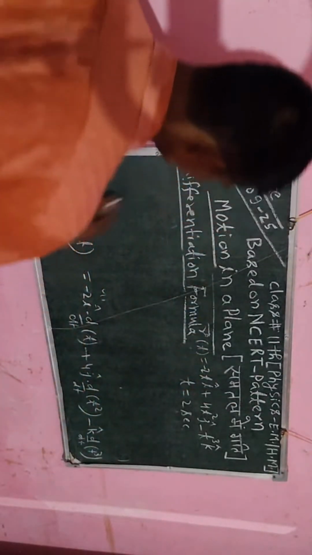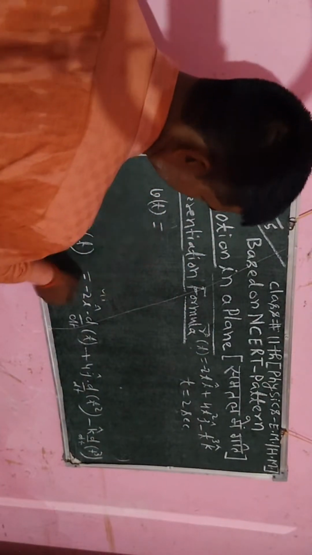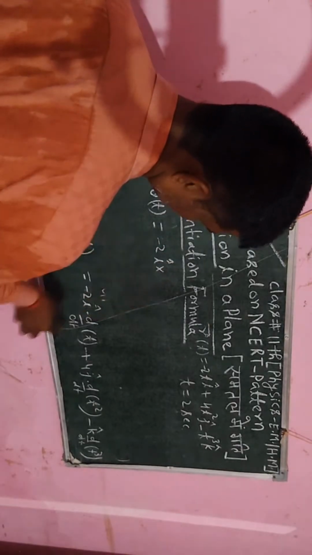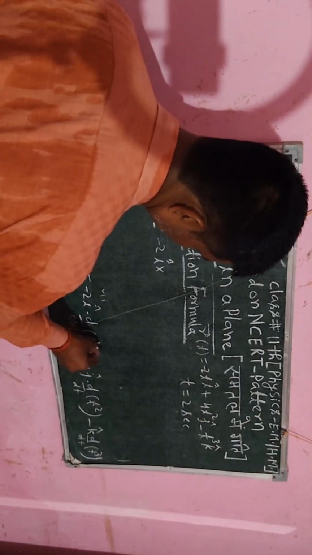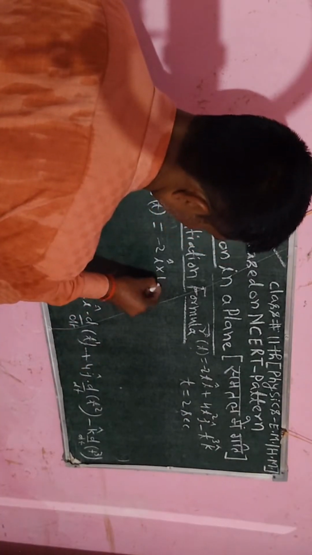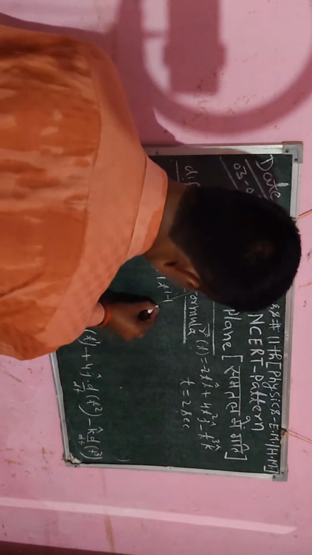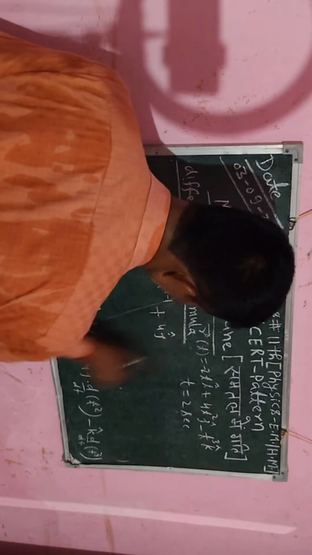Okay, so here on the left hand side I write d of t, and then here minus 2 to get the i cap. Multiplication of this value I will take. This t has power 1, so this differentiation will be 1 into t to the power 1 minus 1. Here 4 to get the j cap.